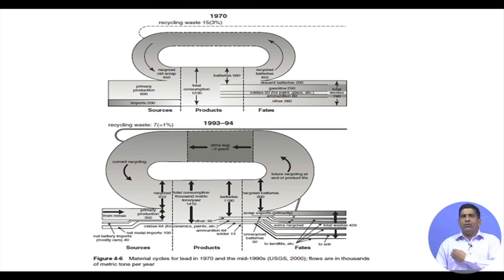The system boundary can usually be a geographical boundary of a city, a state or a country, and we can look at the net input, net output, and the difference between the two will be the accumulation in the system.